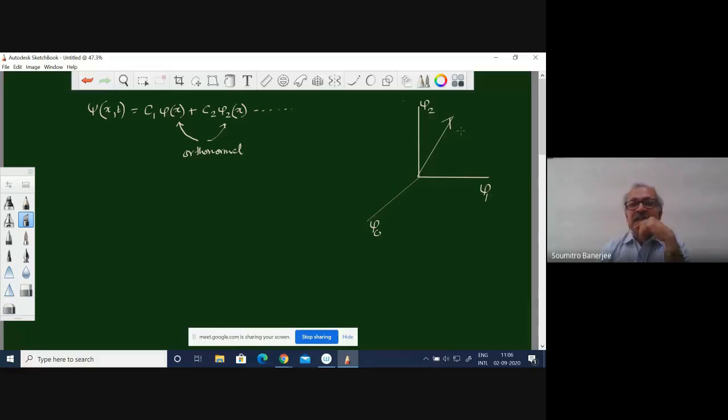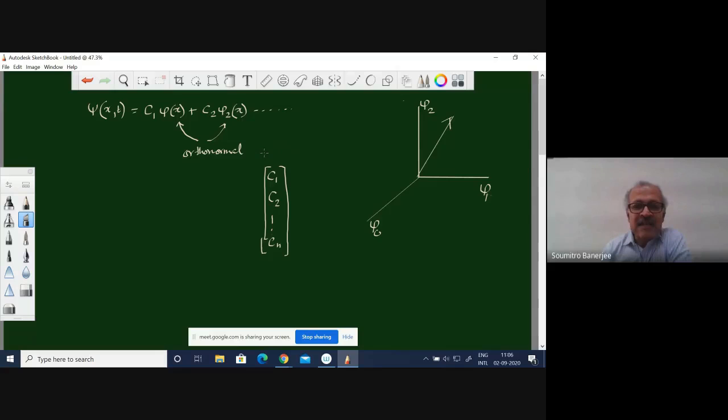And vectors like this, we understood, can be represented as a column vector comprising the components. The moment you specify this, the function is completely specified, and that will happen only when you have defined the basis. So only when you have defined the basis, you can express a function as a column vector.